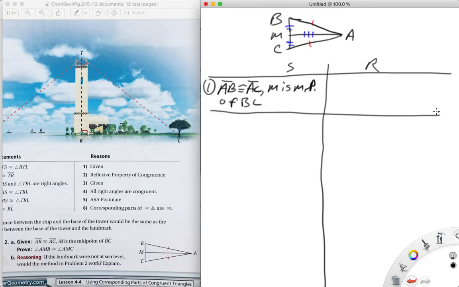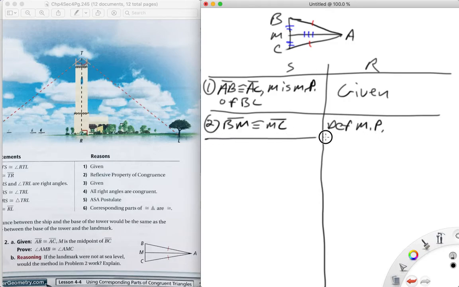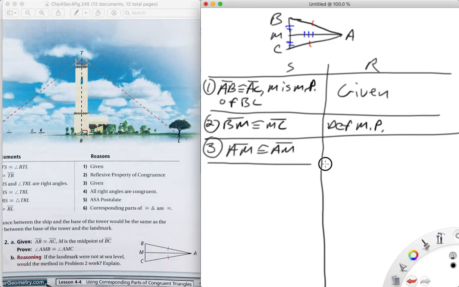So since I know M is the midpoint, then I can say that BM is congruent to MC, definition of midpoint. Then I can say that AM is congruent to itself, reflexive property.